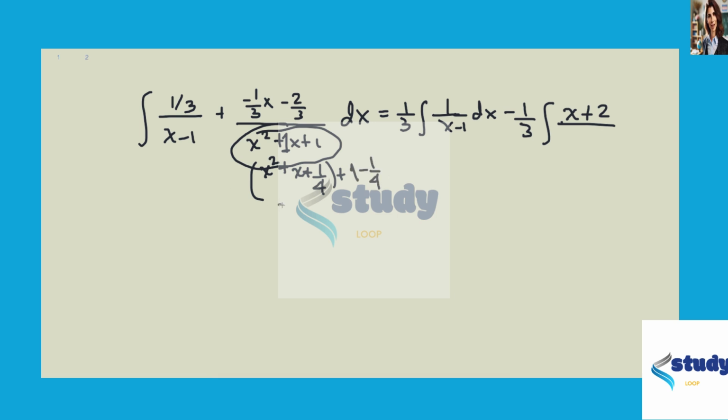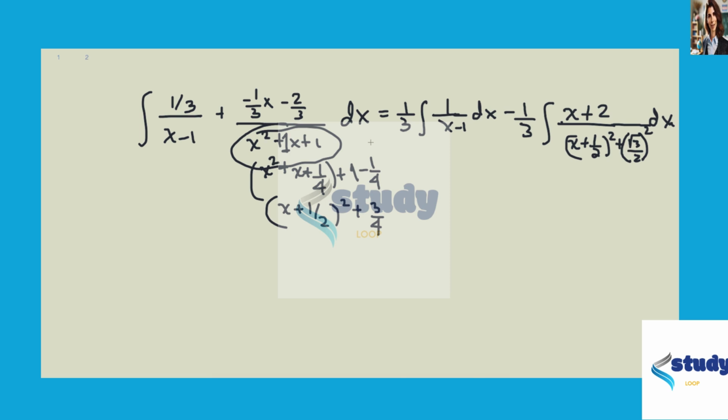So we get x plus a half squared plus 3/4. So that'll be our denominator here after we've completed the square. Let me write that as √3/2 squared. I'll write it that way so that in case we have to use sub, it'll be easier to see what the a is.